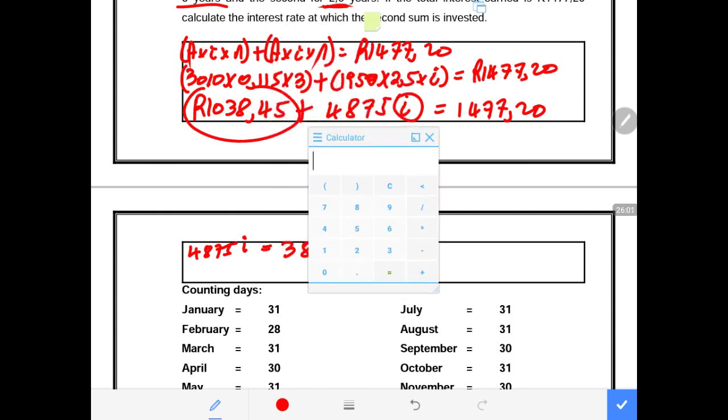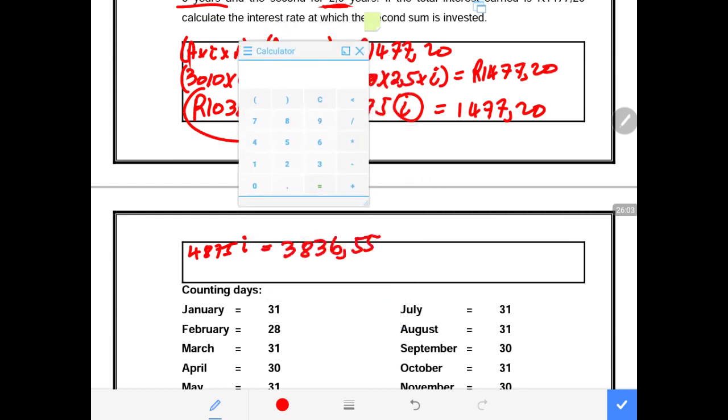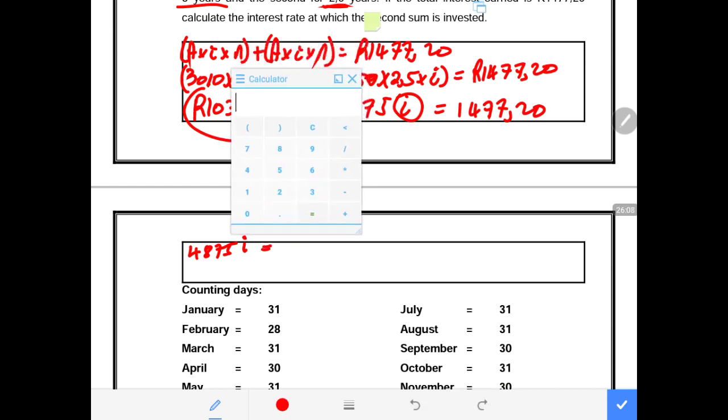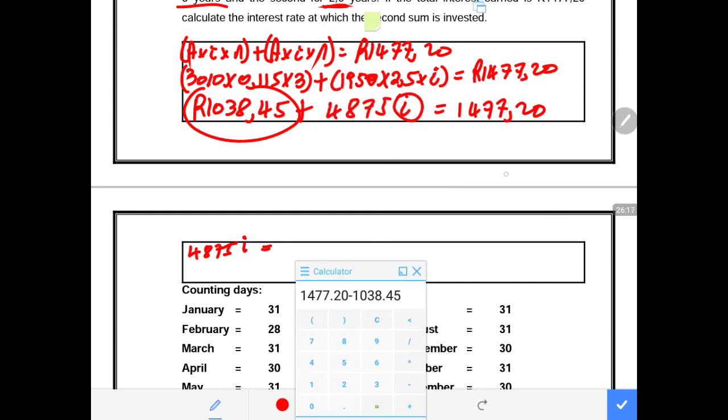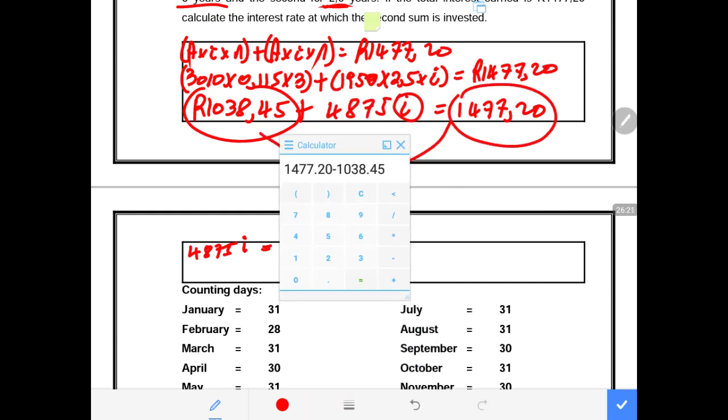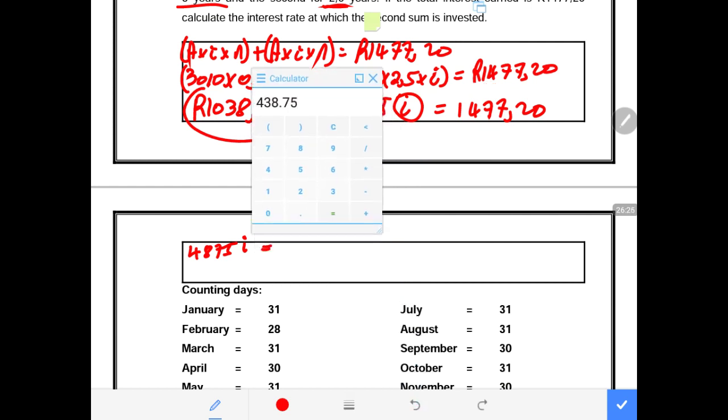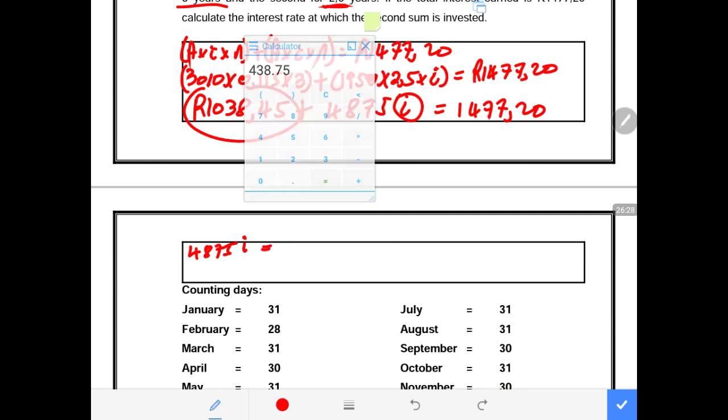No, it's not that one. We say 1,477.20 minus 1,038.45, which is the interest amount minus the interest for the first investment, because it went over the equal sign as I showed you before. So we get 438.75.